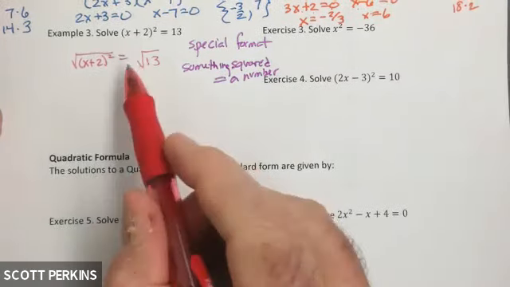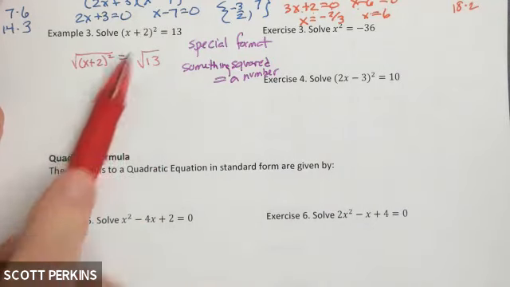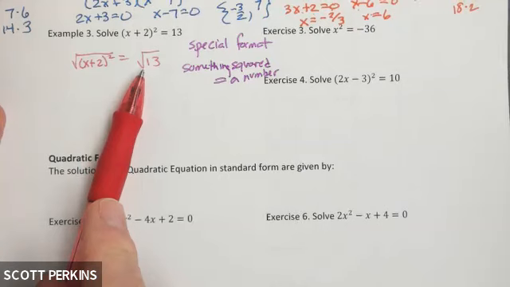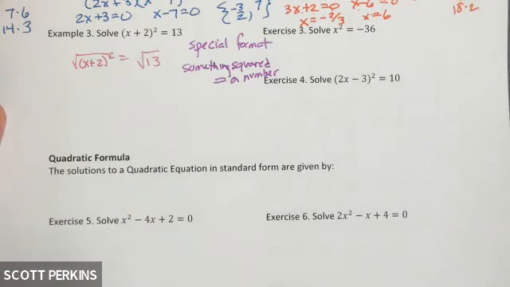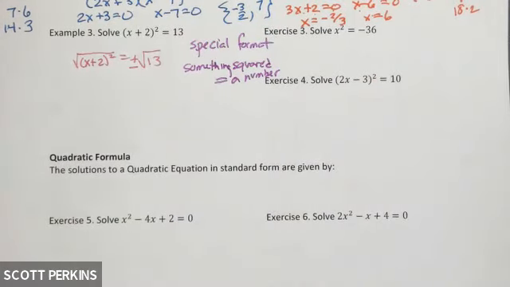If I was to go backwards, what we're saying is this is equivalent to this. If I was to go backwards, I would have to square both sides. And there are 2 things that I could square to get 13. I could square a positive square root of 13, but I could also square a negative square root of 13. So there's actually 2 answers that we are generating.